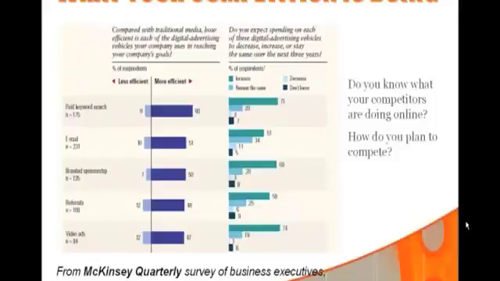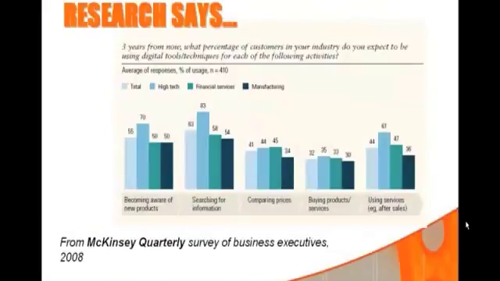So if the majority of your audience is online and consuming social media, what are traditional businesses, including your competition and industry leaders, doing? Well, it's important for us to determine not only how to reach our market, but who else is competing for their attention and how they're competing.